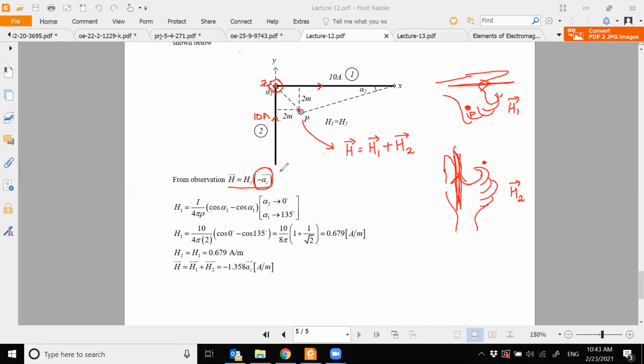Clear? Both are going inside the screen. If this dot means my Z axis is coming outside the screen, that means my AZ is outside the screen, then minus AZ will be inside the screen. So guys, just by analysis, you will know the direction.